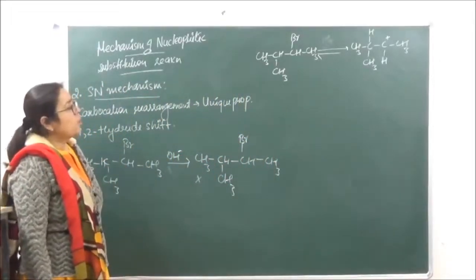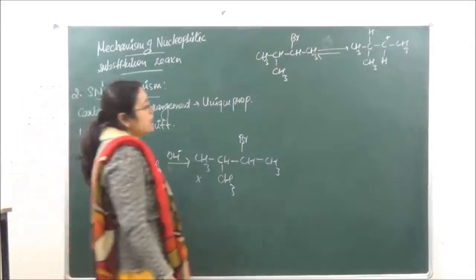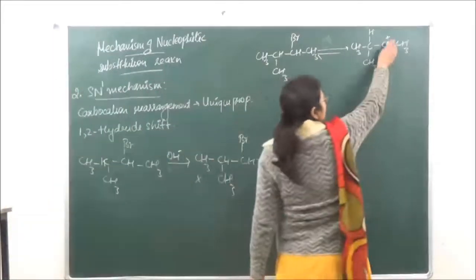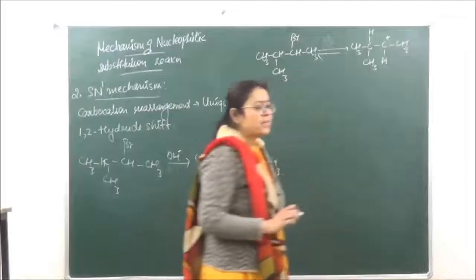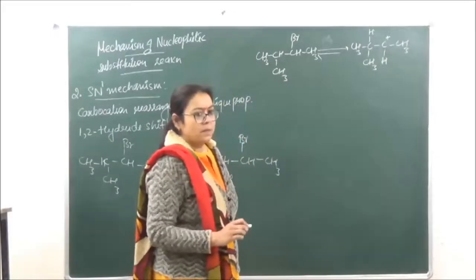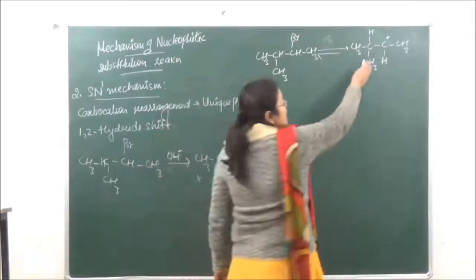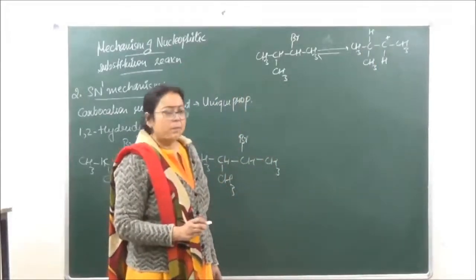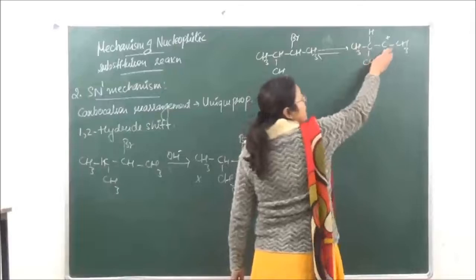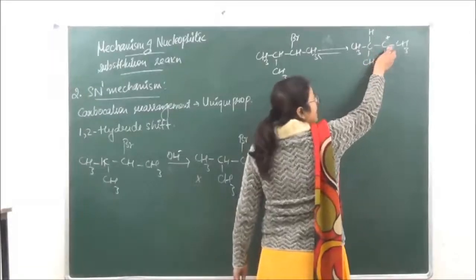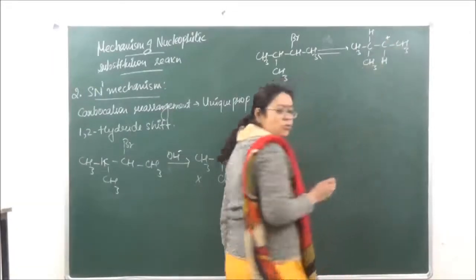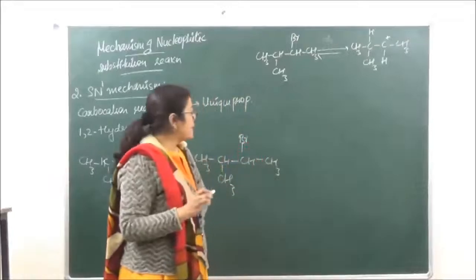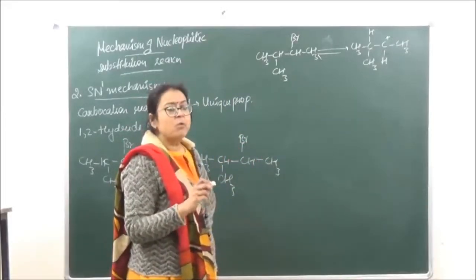ठीक है? Now what is happening over here? If you're looking at the positive charge on this carbon atom, this is going to be a secondary carbon atom. But if you're looking at this carbon atom over here, this is going to be a tertiary carbon atom because it is attached to 3 alkyl groups, 3 carbon atoms, and this carbon atom is only attached to 2 carbon atoms. We know that 3-degree carbocation is the most stable.